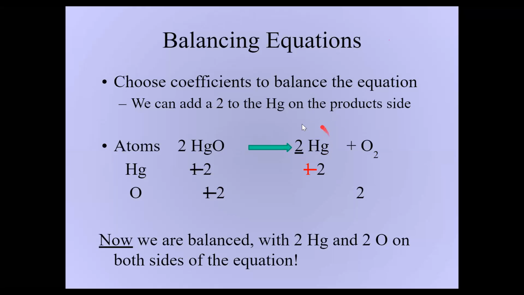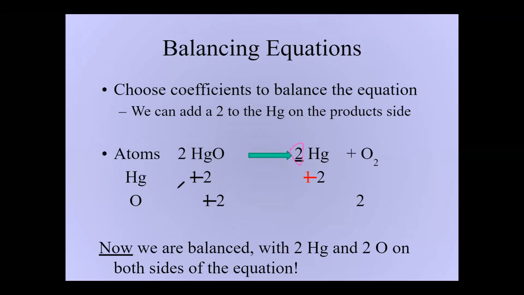What if we change the coefficient on this Hg to be a 2? Now, by making this 2 right here, adding that guy right in, now we have 2 Hgs in the reactants and 2 Hgs in the products. So these guys are balanced. We've got 2 O's in the reactants and 2 O's in the products.